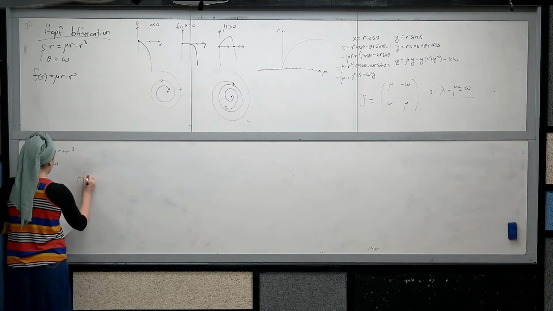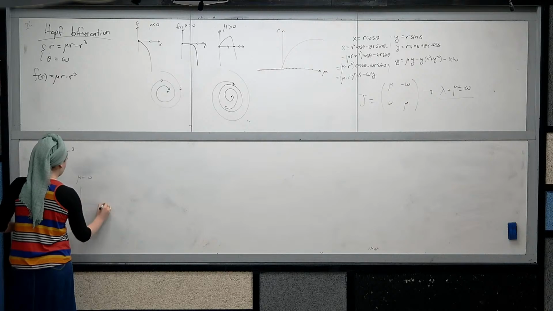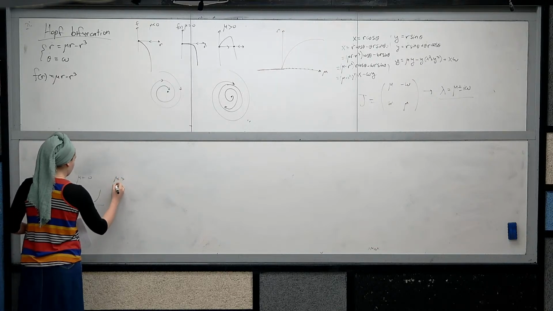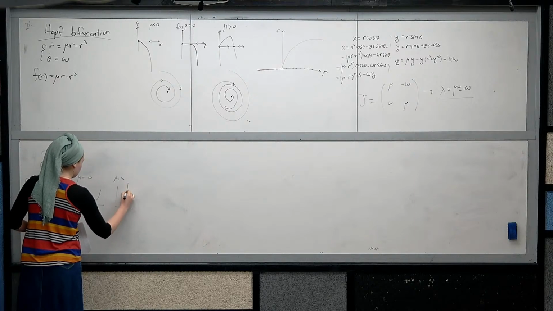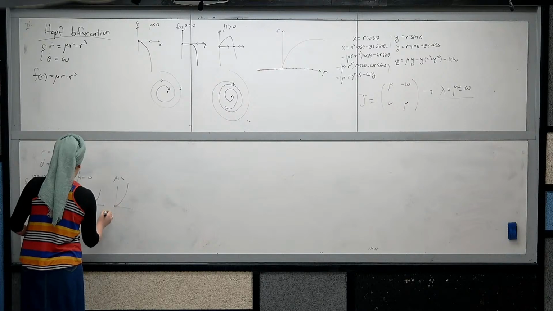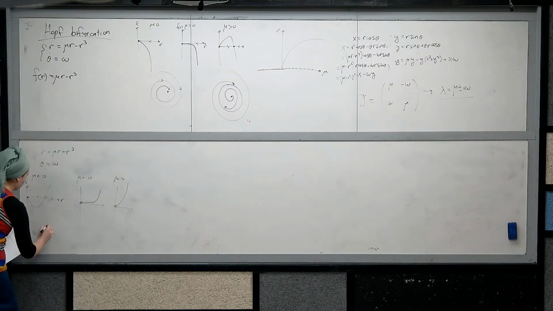For mu equal 0, we have this, and for mu bigger than 0, we have this. So now the diagram has a stable and an unstable circle.